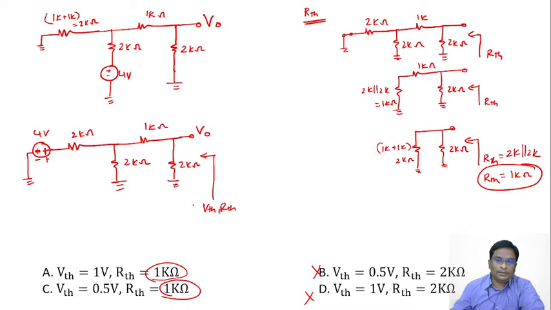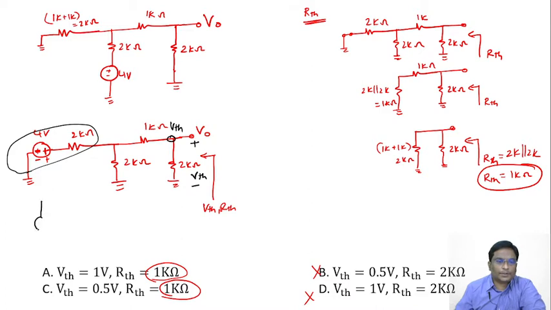Let us calculate the VTH for the given question. How to find VTH here? Open the load and solve for VTH with respect to ground. This is VTH. You can apply your techniques here. If you want to apply source transformation, you can.